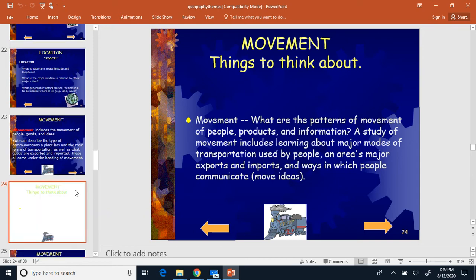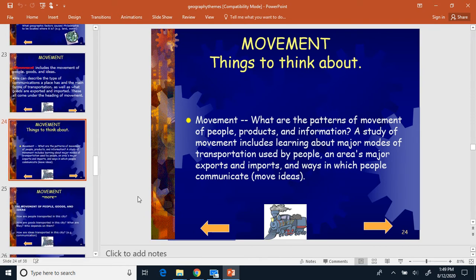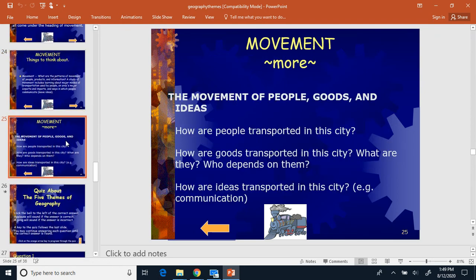Other things to think about when you think about movement are the patterns of movement of people, products, and information. Studying movement includes learning about major modes of transportation used by people and areas, major exports and imports, and ways in which people communicate, the movement of ideas. So those all go along with movement as well.